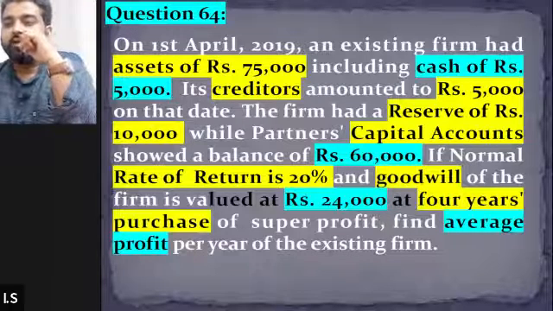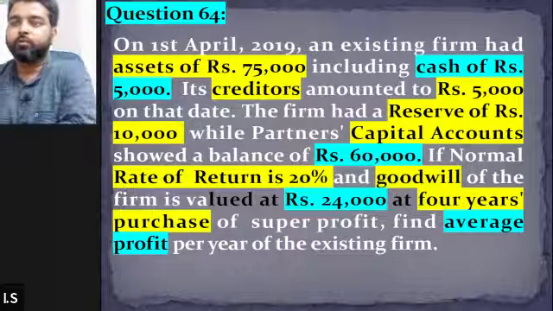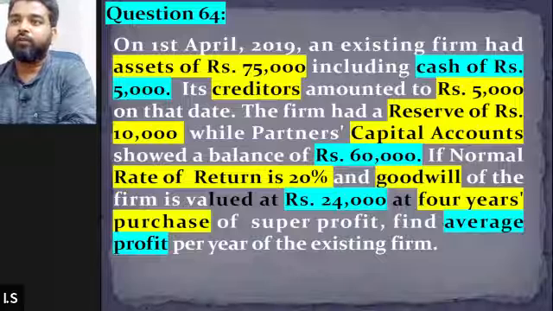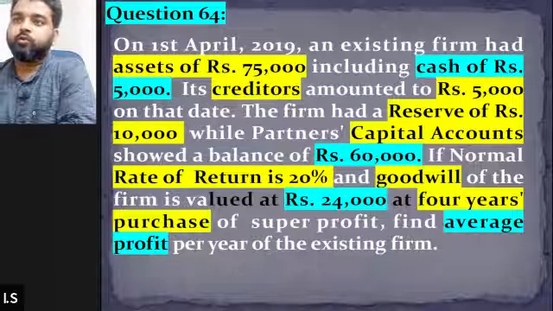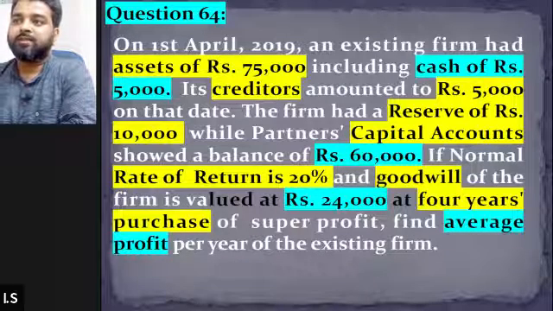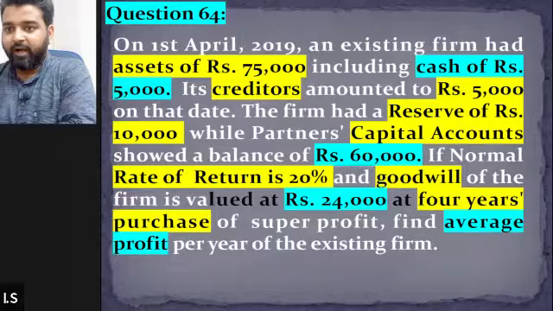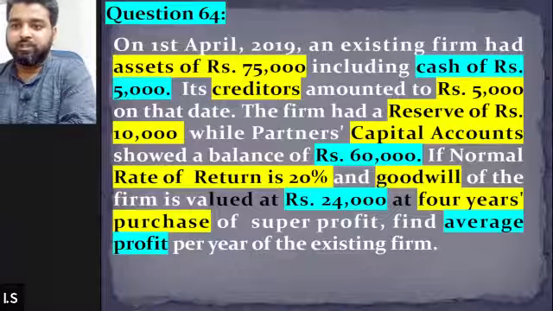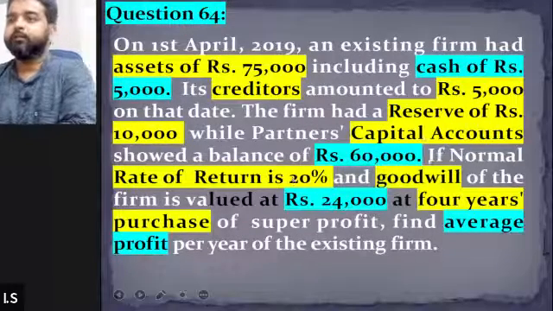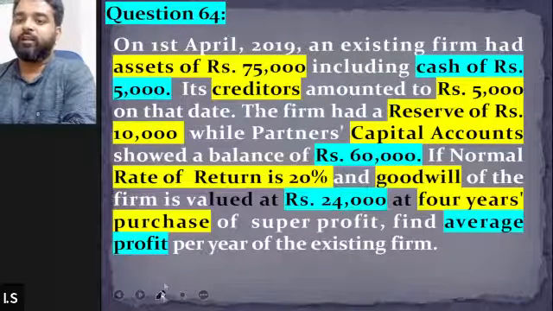And to find out the value of the capital employed, we will subtract the value of the liability out of it. So 75,000 minus the liability. Are you able to identify which is the liability here? Creditor is the only liability we have.